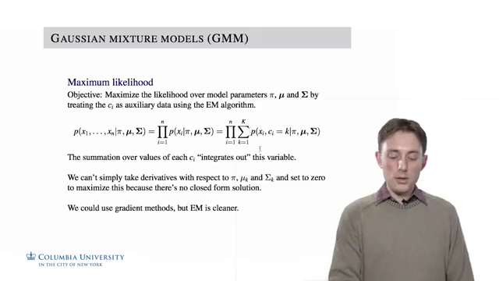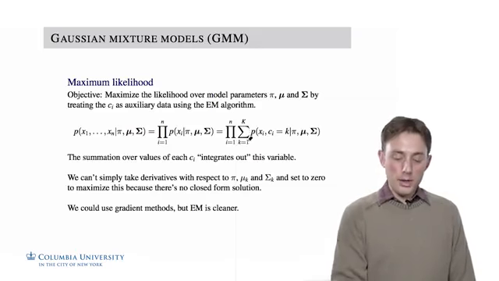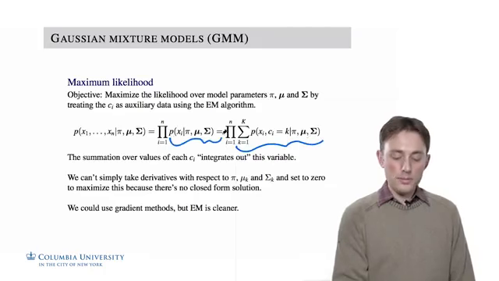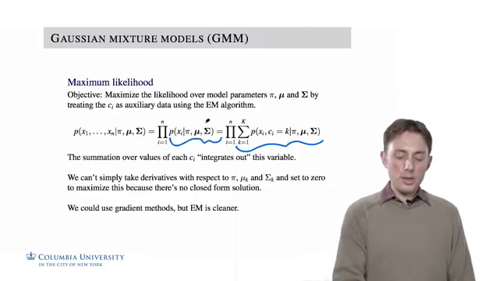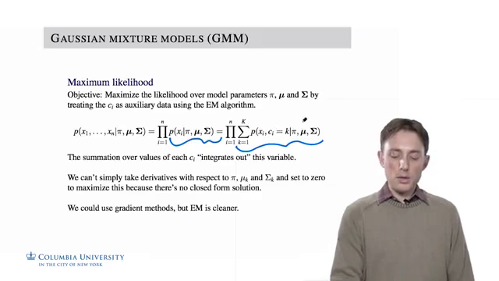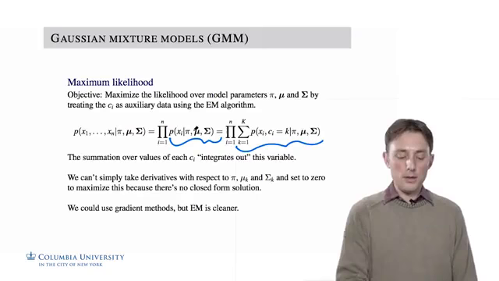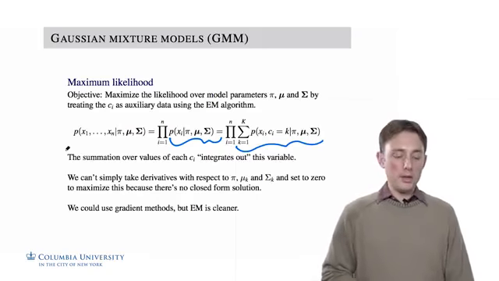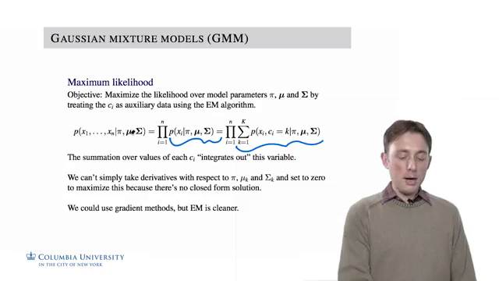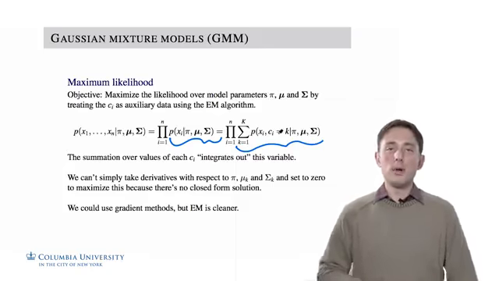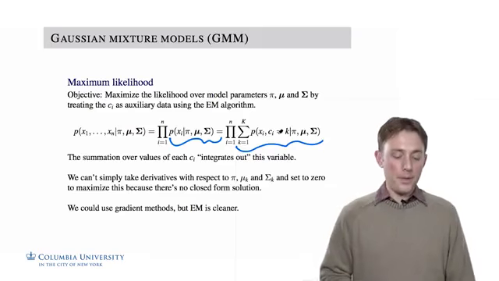So this term right here is equal to this term. If we want to know what this is, we simply write out the joint likelihood according to our model and then sum over the possible values of Ci. So our goal now is to maximize this likelihood of the data given only pi, mu, and sigma, where we have summed the parameter Ci out of the model.